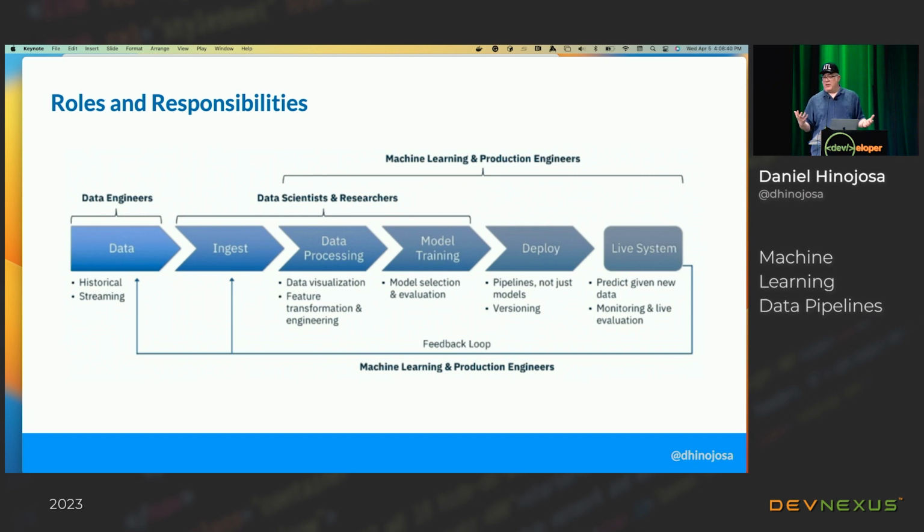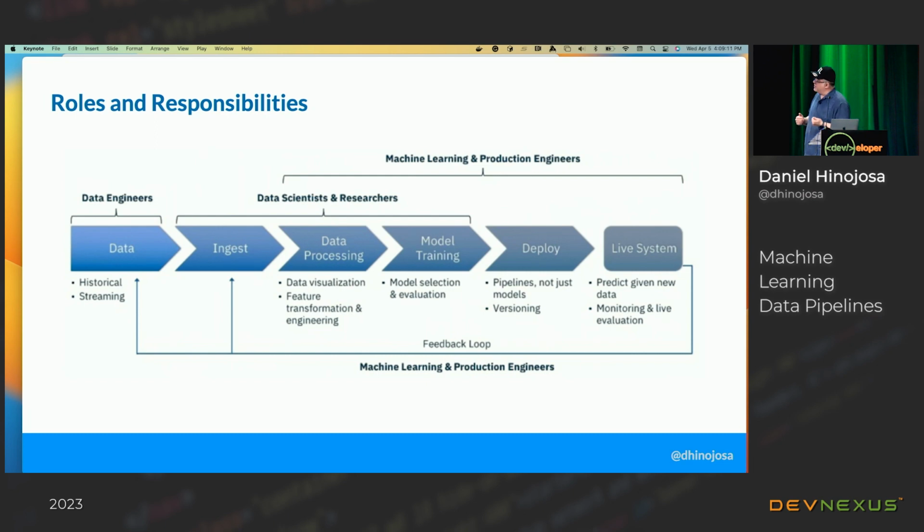Now, should everyone know data science? Should everyone know machine learning? Absolutely yes. I don't even consider myself a data scientist. I'm very novice on the machine learning side. But every programmer should know machine learning and what is involved and what data scientists do, because there's a role and responsibility for making sure that machine learning models are deployed and done so correctly.